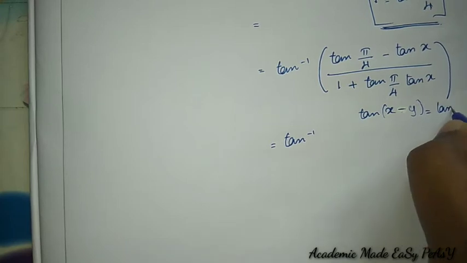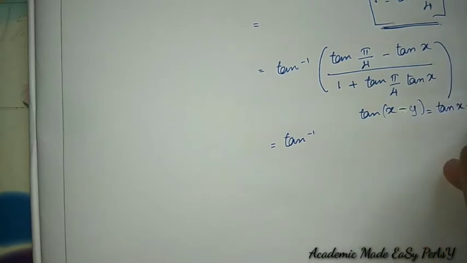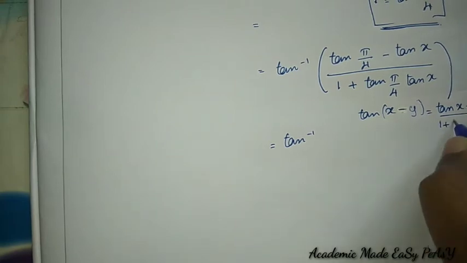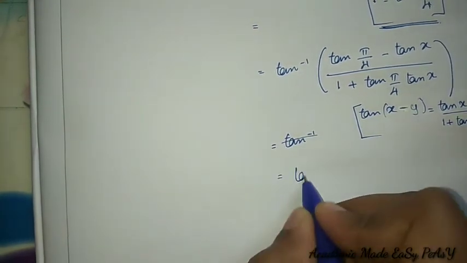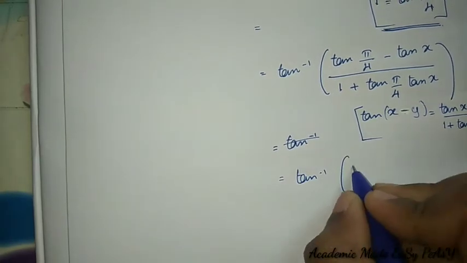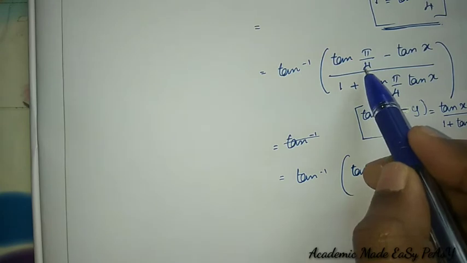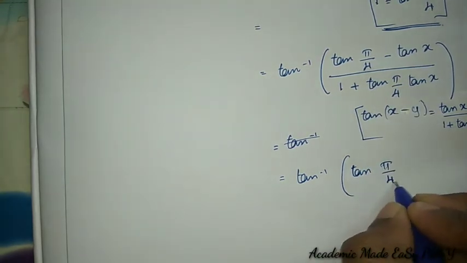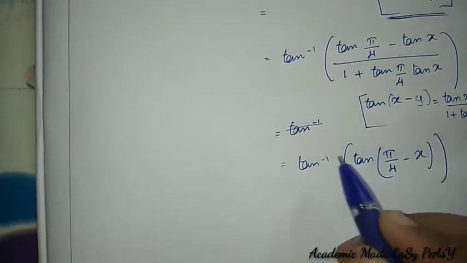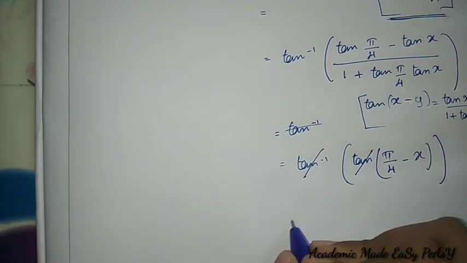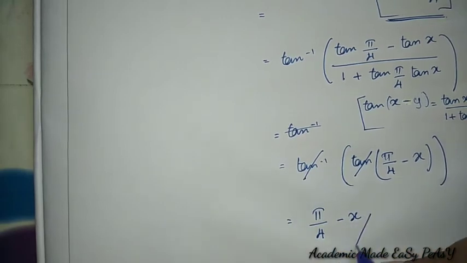Which is equal to (tan x minus tan y) divided by (1 plus tan x into tan y). So I will have tan inverse of, then what is my x here? Pi by 4. So pi by 4 minus x. So I got it in the form of tan, so tan inverse and tan will get cancelled. Therefore I will have only pi by 4 minus x. So this is my simplified form of the given function.